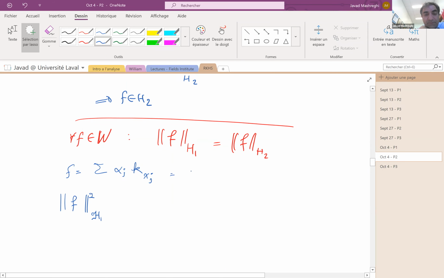Note that I can write this as the sum of alpha j, k1, xj, because they are the same. And the summation is j from 1 to n.